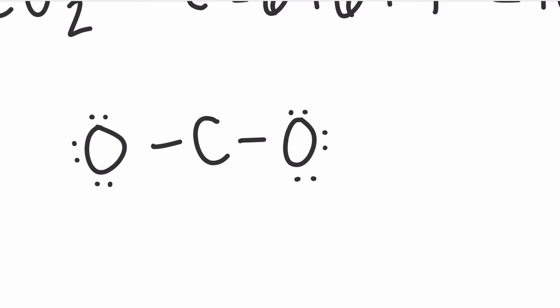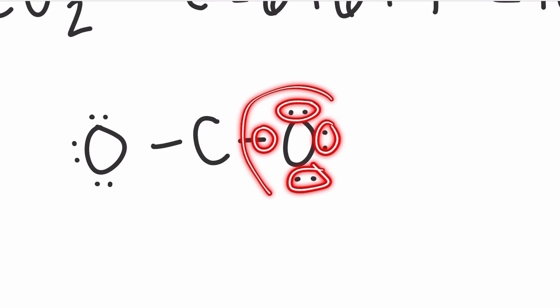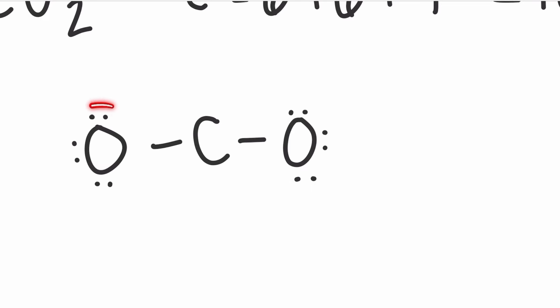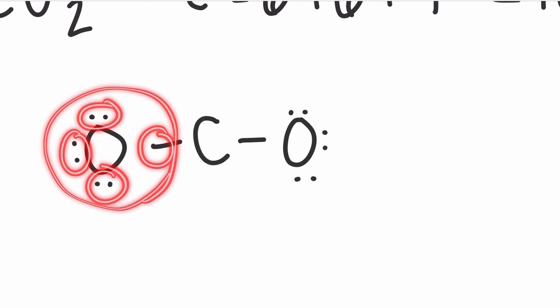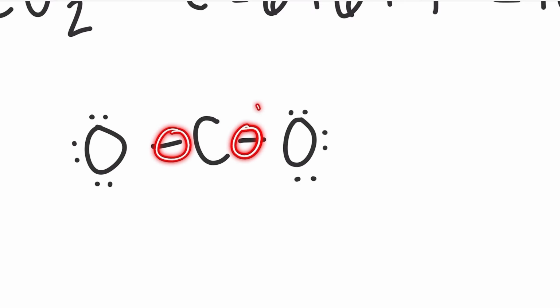You'd think that we'd be done at that point, but we're not done yet, because we need to remember to satisfy the octet rule, which means that there needs to be 8 electrons around every atom. And in this case, there are 2, 4, 6, 8 around this oxygen, and 2, 4, 6, 8 around this oxygen, but there are only 4 around this carbon.